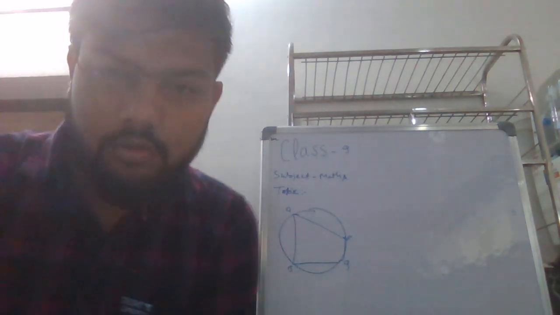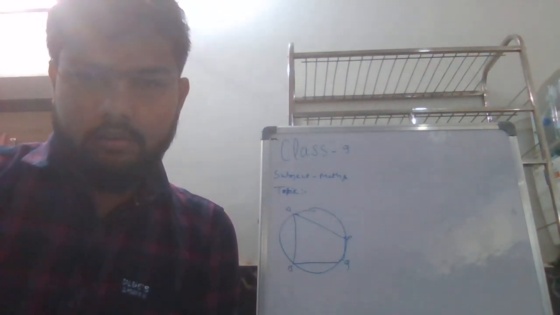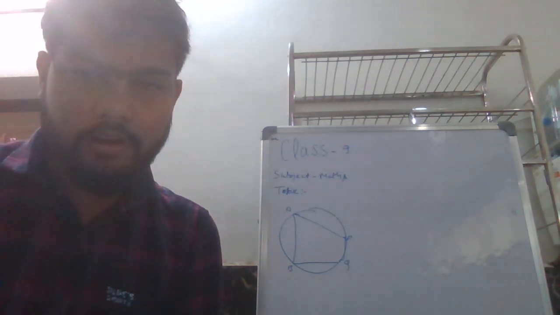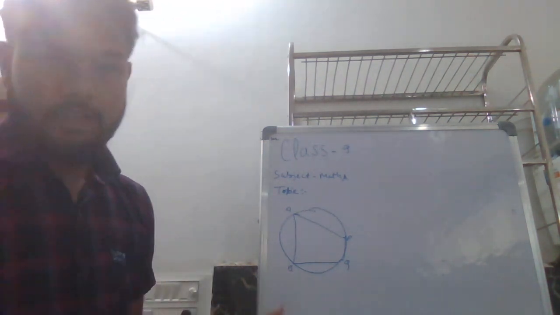Moving further, students, I have drawn a triangle, and you have to tell how many quadrilaterals we can draw so that all the vertices lie on the circle.